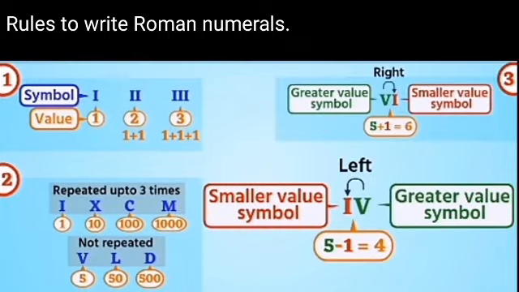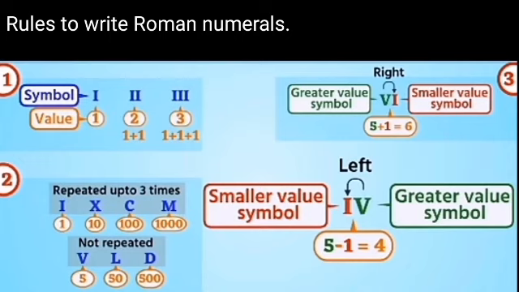Now, rule number 4. If a symbol of smaller value is written to the left of the symbol of greater value, then its value gets subtracted from the value of the greater symbol. In IV, the symbol of greater value is V and the symbol of smaller value is at the left.